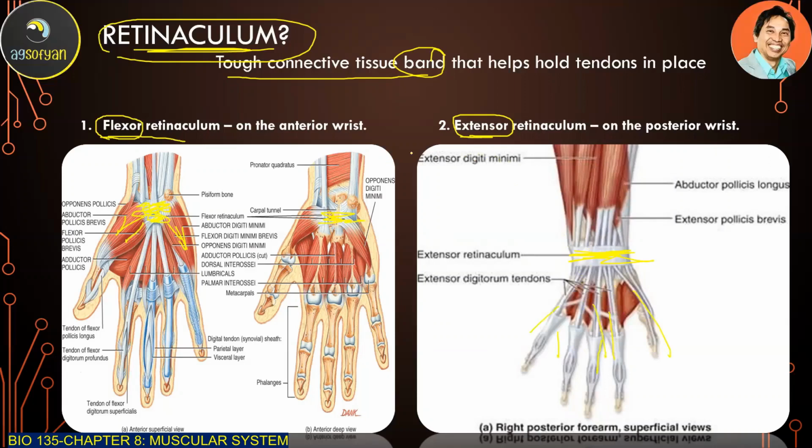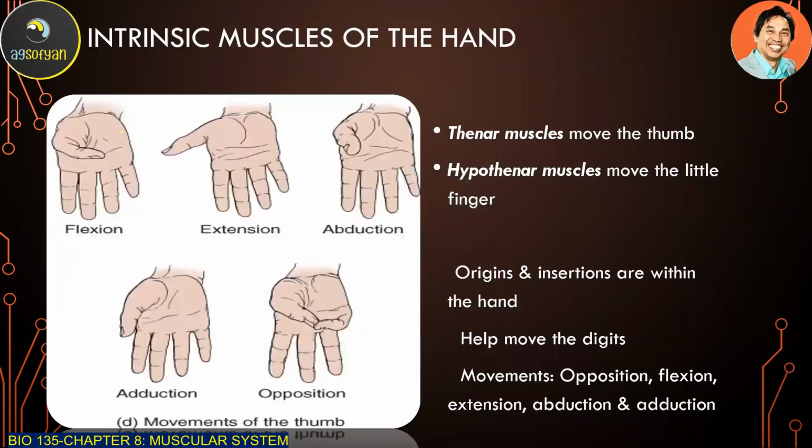So extensor retinaculum on the back, flexor retinaculum on the palm side. This shows us some movements we can do with our fingers, like flexion, extension, abduction, adduction, opposition, and so on. They are all done by muscles going through the retinaculum, whether extensor or flexor muscles.